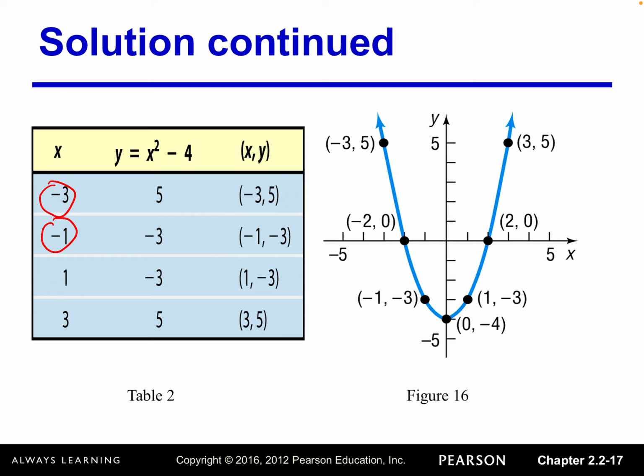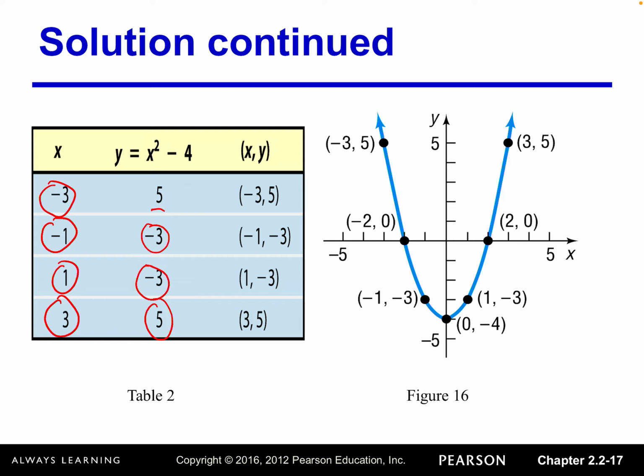Let x be -3: -3 squared is +9, 9 minus 4, we get y equals 5. So when x equals 3 we also get y equals 5. When x equals -1, -1 squared is +1, 1 minus 4, we get -3. And the same when x equals +1, y also equals -3.